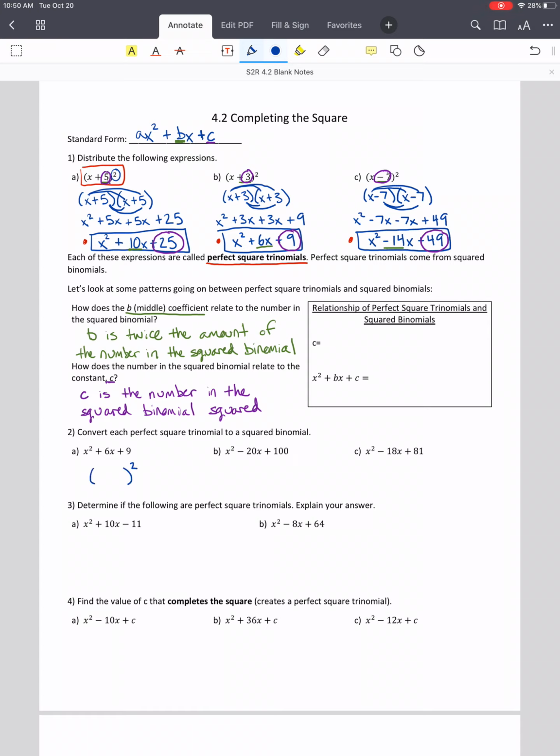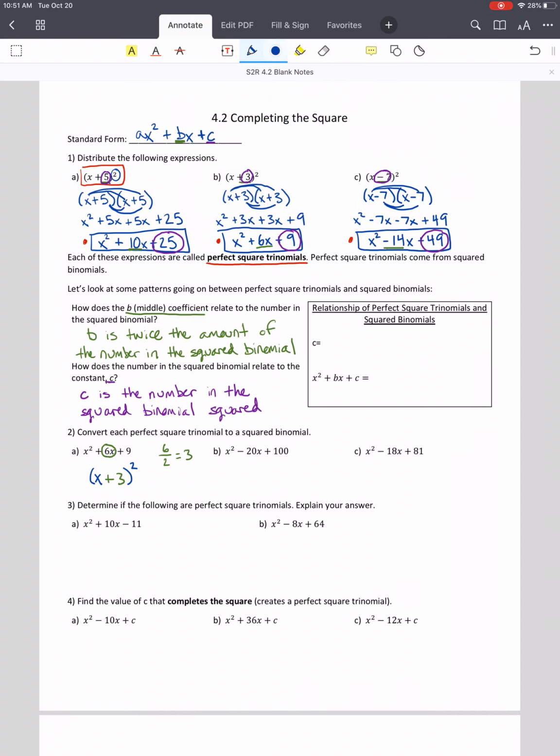If we look at example B that we did up in number 1, that was x squared plus 6x plus 9. How do I get to that 3 in there? Here's what I hope you connect. I can take this b and divide it by 2. Since 6 divided by 2 is 3, I'm going to get x plus 3 squared in there.